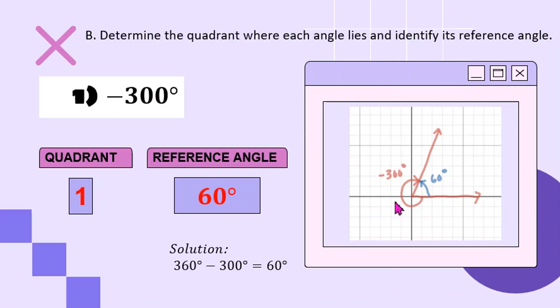So negative 300 degrees is negative, so it's rotating clockwise. This first line here is negative 90 degrees, this one is negative 180 degrees, and this one here is negative 270 degrees. So we need to move further. If we reach here, that's negative 360 already, and it's only 300. So from 270, we need 30 degrees more. That's why we have here. The reference angle is this, the blue one.